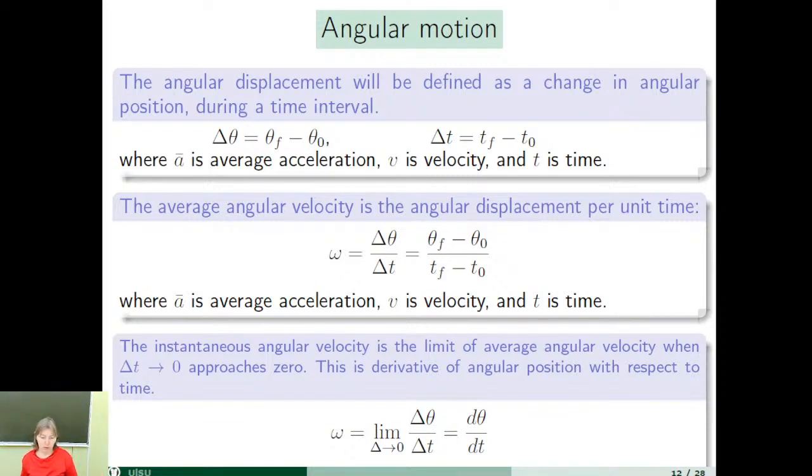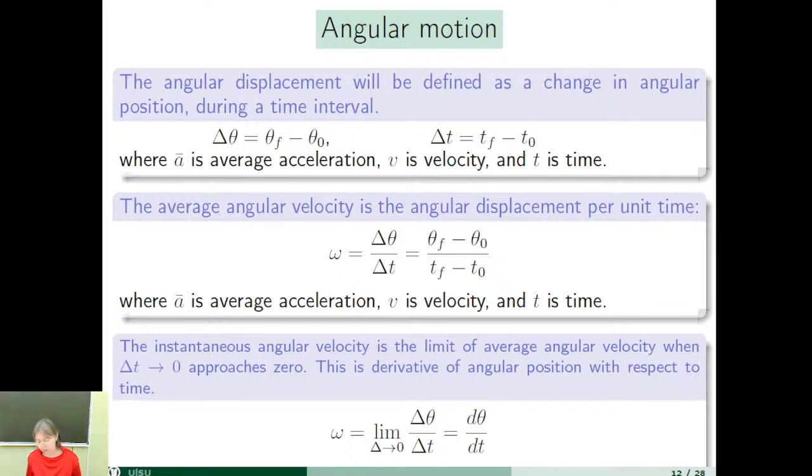And angular velocity. Angular velocity, look here, is omega. Suppose that our rotating body is at angular position theta first at time t first, and at angular position theta second at time t second.